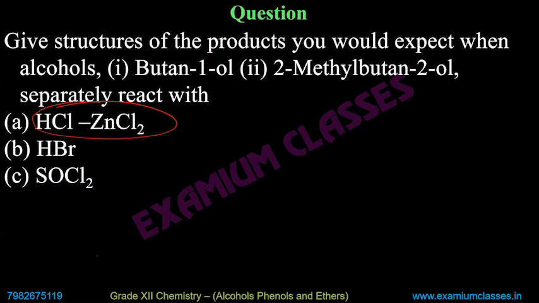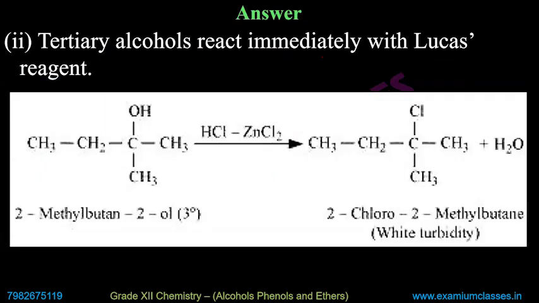Then 2-methylbutanol. Here it is a 3-degree carbon. The carbon which is attached to the alcoholic group is attached to 3 carbons: 1, 2, 3. It means it is a tertiary alcohol, and a tertiary alcohol will react.